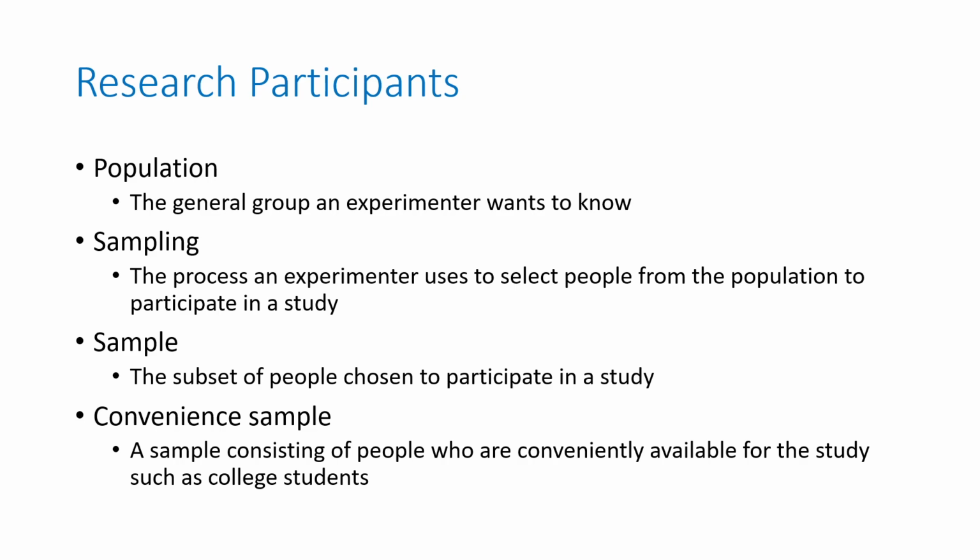If I want to do a study on reaction time, well, a person who lives in Houston probably is the same as someone who lives in Wyoming. But if I'm doing something about somebody's beliefs about something, well, it's possible that someone who lives in Houston might have a different set of beliefs than someone who lives in another part of the country.